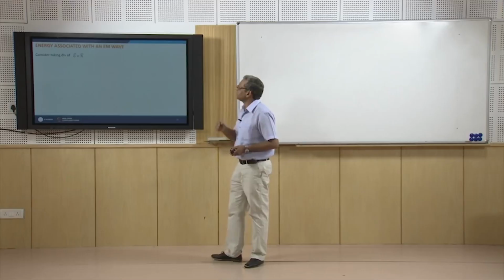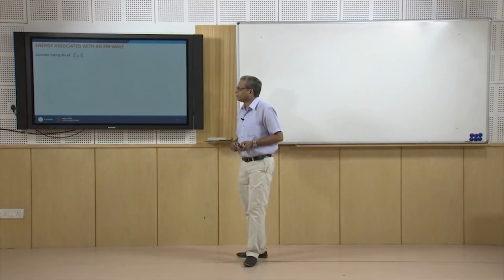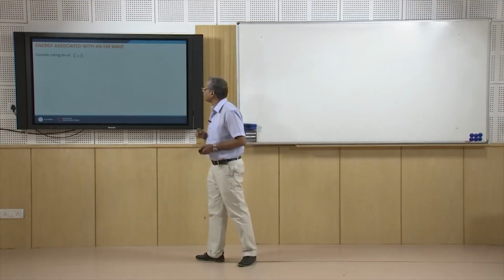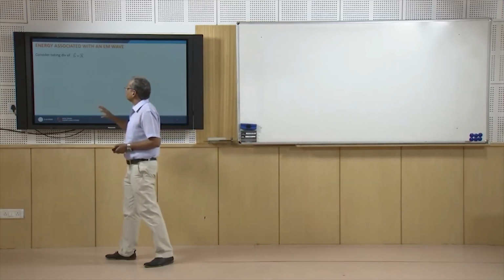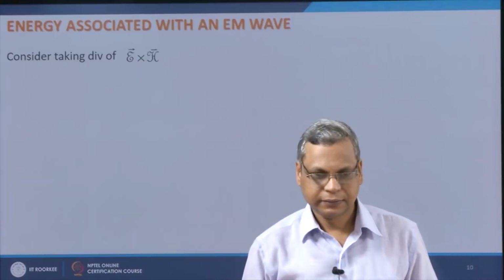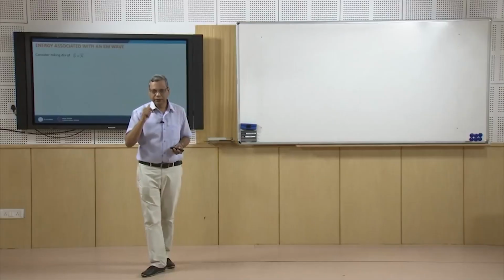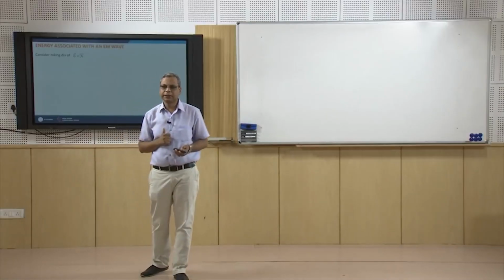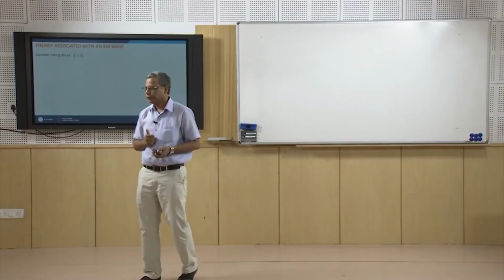Then what is the energy associated with an EM wave? For that, let me consider taking the divergence of this E cross H. You may think, why suddenly am I taking the divergence of E cross H?